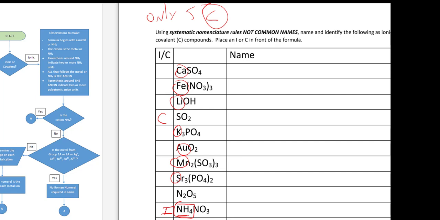I'll do like one on this page here. Let's do this one here. This is ionic, of course, because it starts with metal, with iron. And so this one is an iron nitrate. Okay, so we're going to start with that. Iron nitrate.